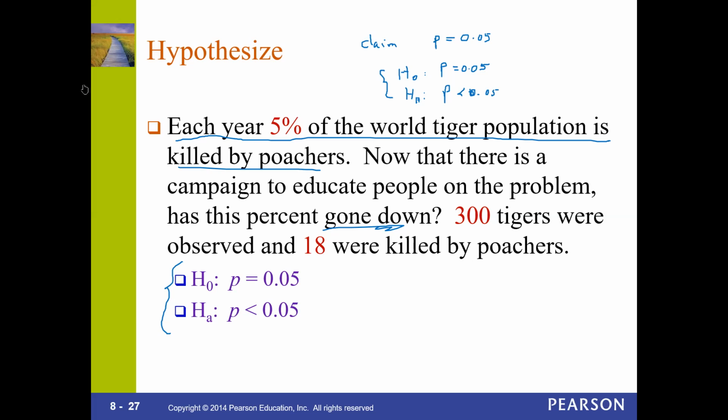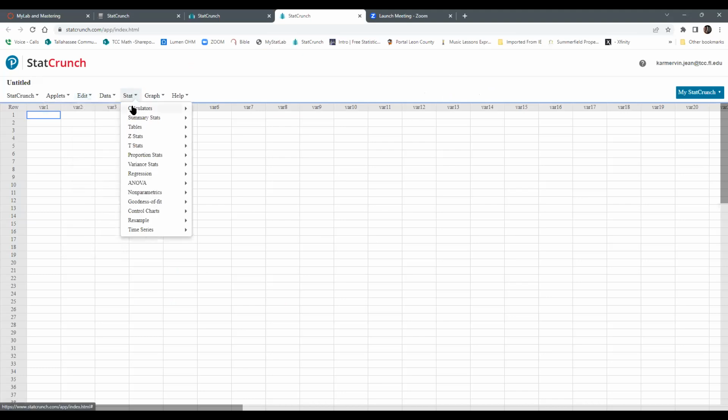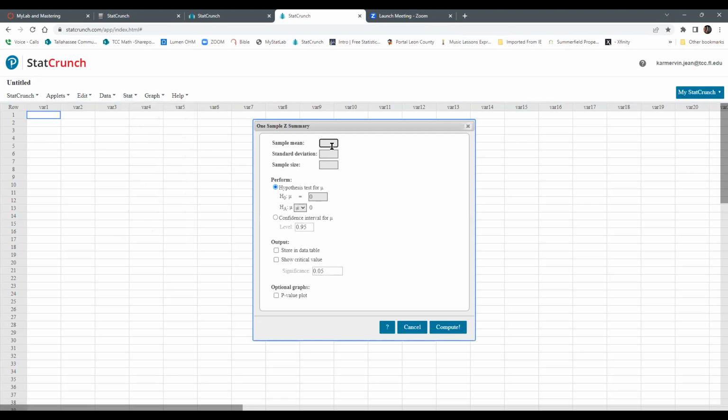I'm going to go to Stat, then Z-Stat, something like that, then one sample, with summary. Then you put your sample mean.